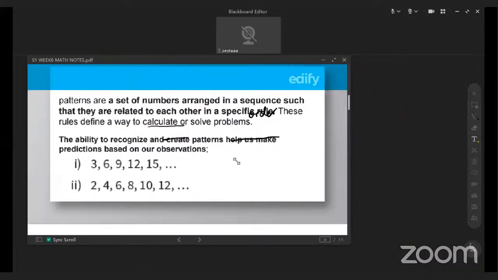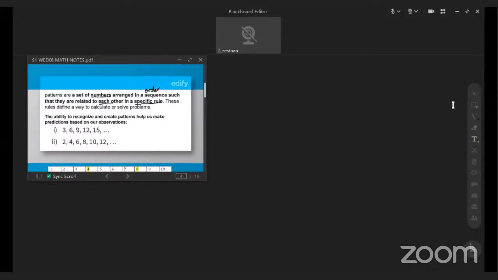Take an example. If we have numbers like, you write here, 1, 2, 3, 4, 5, 6, and so on and so forth. Now, from what you see in these numbers here, they are in order.